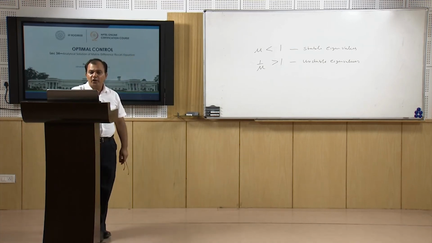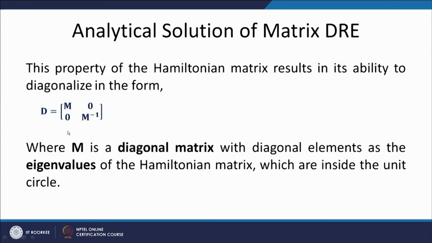Due to this property of my Hamiltonian matrix, we can convert it into diagonal form such that it will have one set of eigenvalues and another set of eigenvalues. One set is, let us say, mu, and the other is 1 upon mu.